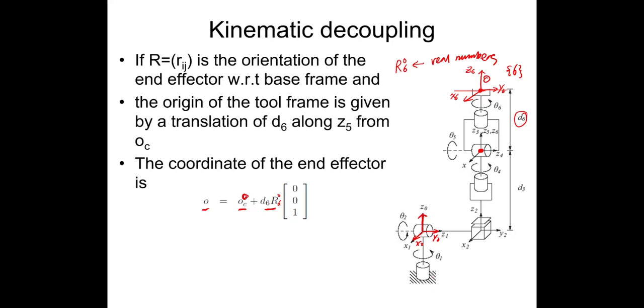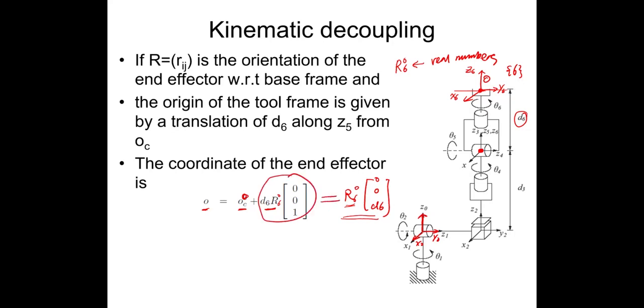So that is actually R60 times 0 0 D6, right? 0 0 D6 is this vector. So we're actually considering this vector in the world coordinates. That's why we need to multiply by this R60. We have talked about it in the first lecture on transformation. And this part equals this part.